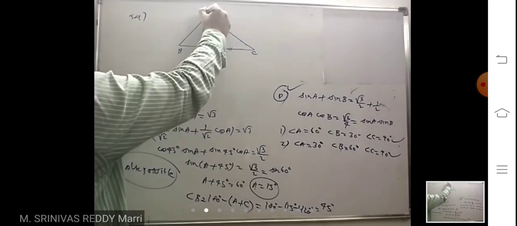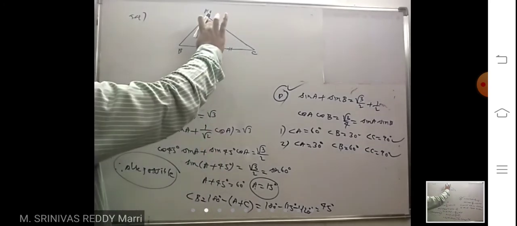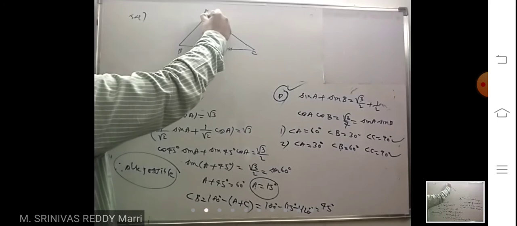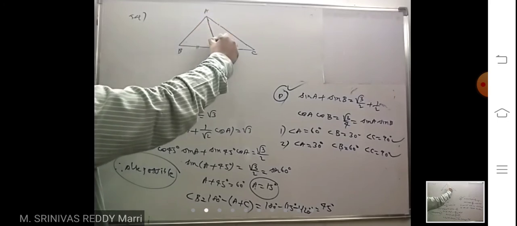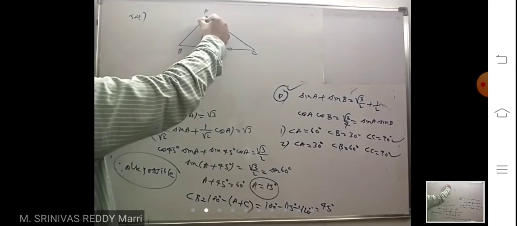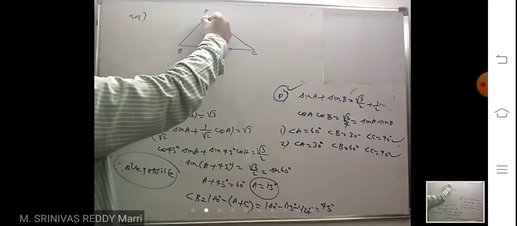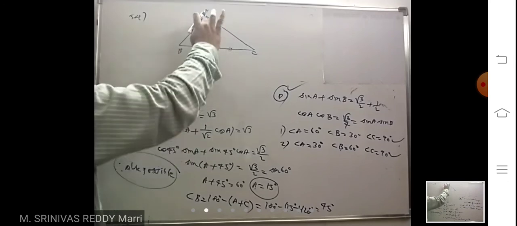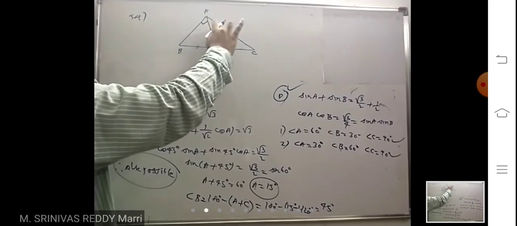So this is the median. Now given that the median through A, connecting the midpoint, is perpendicular to AB, means this is 90 degree.